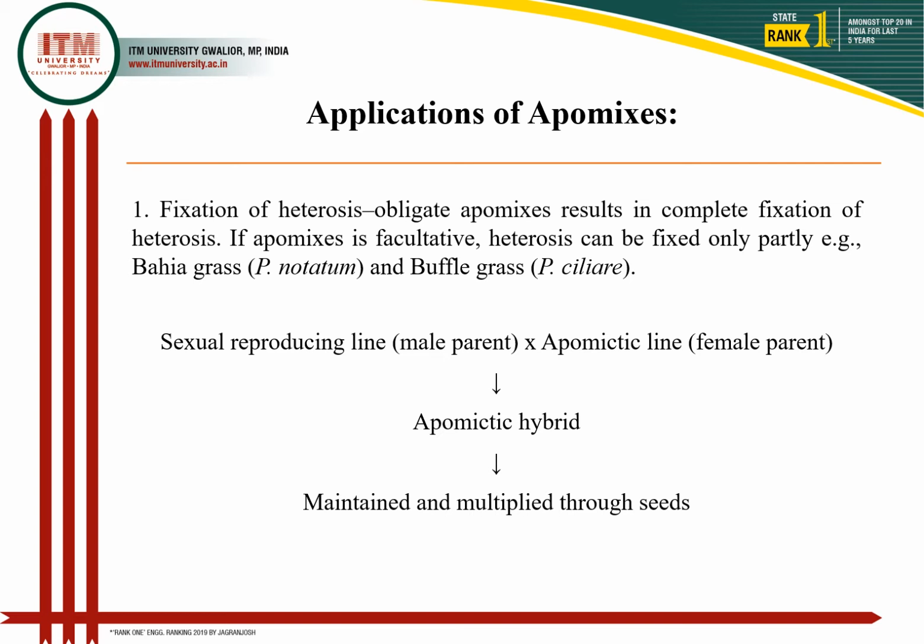What is the application of apomixis or nucellar embryony that we have to discuss here? It is going to be involved in the fixation of heterosis. We know that heterosis is the superiority of the F1 hybrid over the parents. The F1 hybrid bears characters of both the parents, dominant as well as recessive.